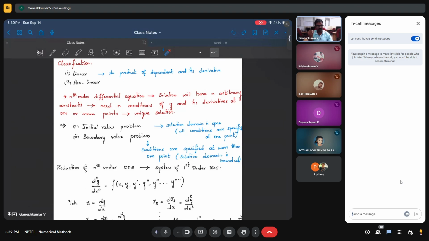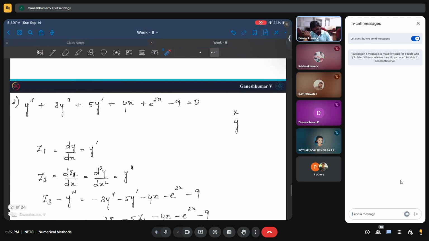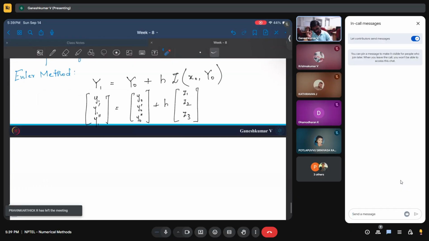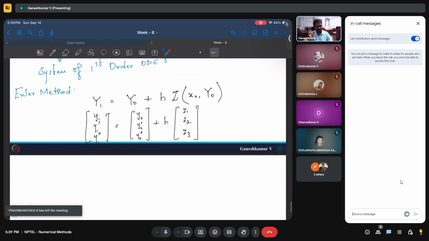So to find a unique solution, you need n conditions. So in this case, since it's a third order derivative, giving y naught is just not enough. You also need to give y naught dash and y naught double dash. Given that we know that, this vector we know, and this vector we can find.